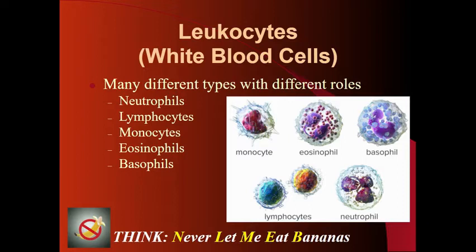You're not going to be specifically responsible for knowing what these different types of white blood cells do, but you should at least be familiar with these 5 as being types of leukocytes. So when you hear neutrophil, lymphocyte, monocyte, eosinophil, or basophil, you should know that we're talking about leukocytes or white blood cells.